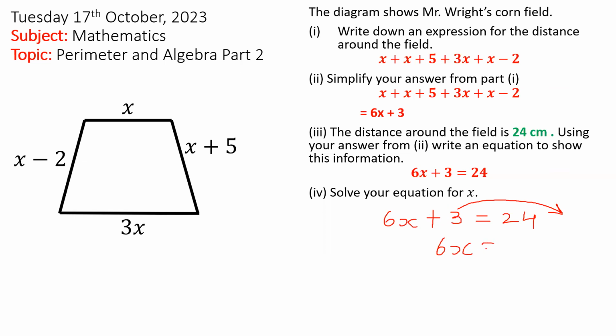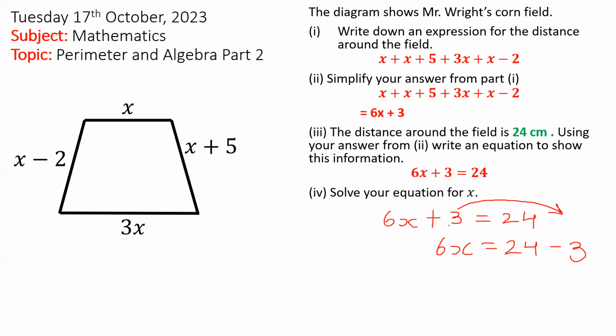So this is going to be equal to 24 minus 3. Let me make sure you understand: it's 6x plus 3 equals 24, but when we send the 3 over the equal sign it becomes a negative. That's the first step: you send the 3 over.